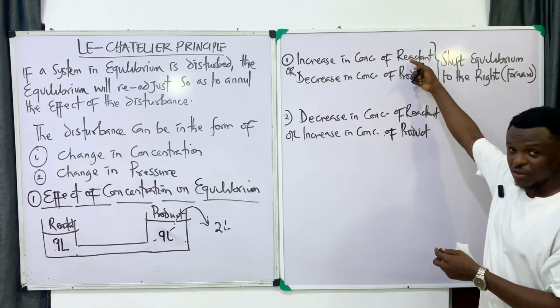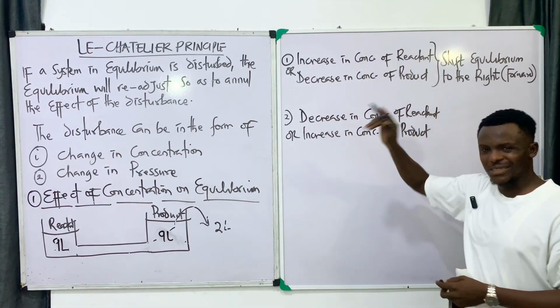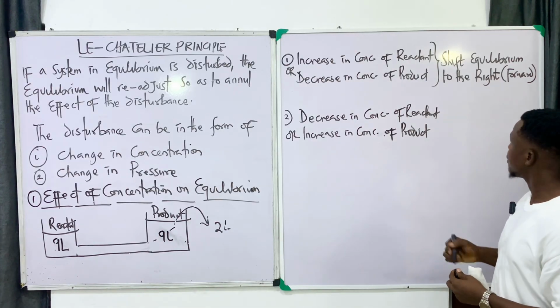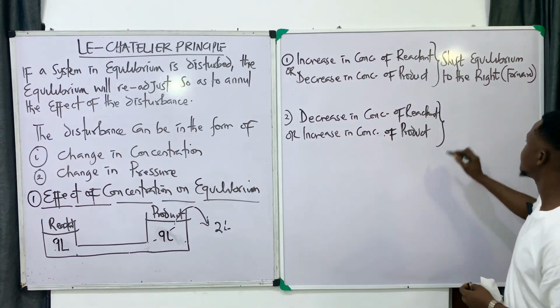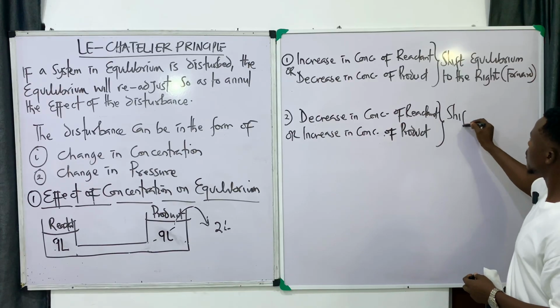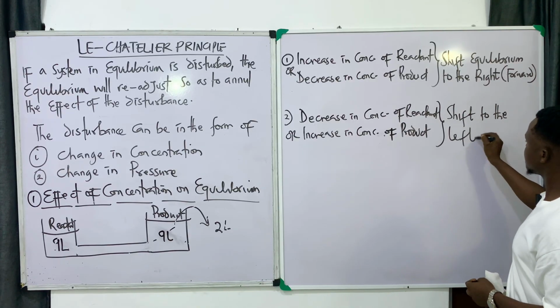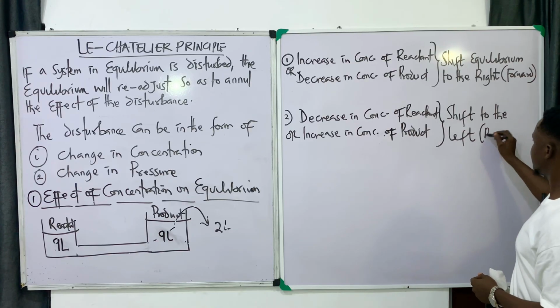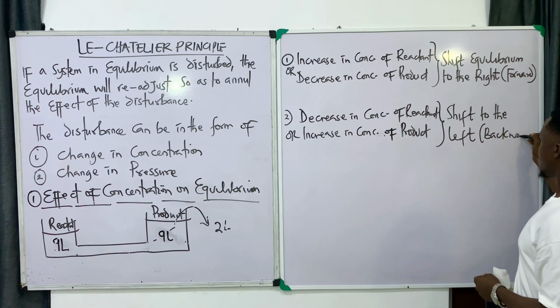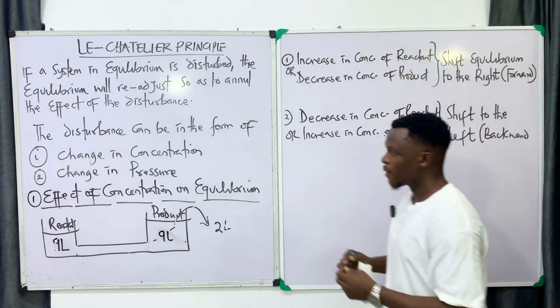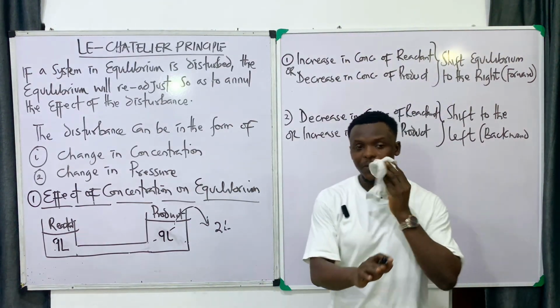Now, basically the opposite of this. So once you know one of them, just take the other as the opposite. Okay, now this equilibrium will shift to the left. That is backward.